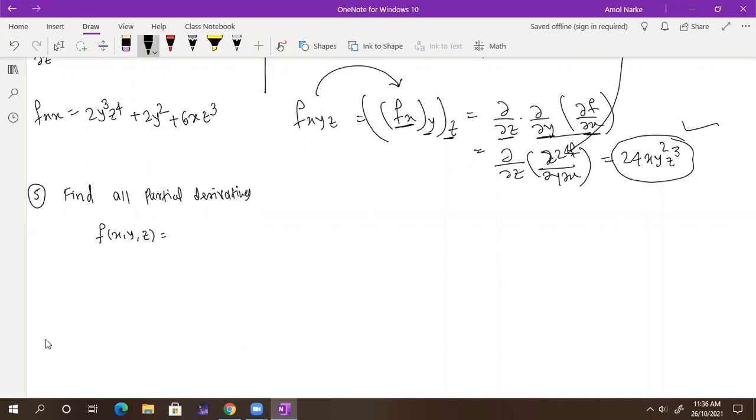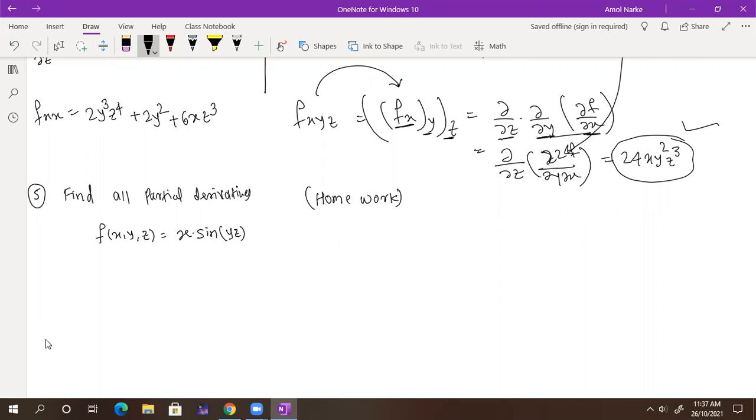Here we have x into sine of yz. You can find this out as homework. Two by two, 3 by 3, whatever you want to find, just find it out.